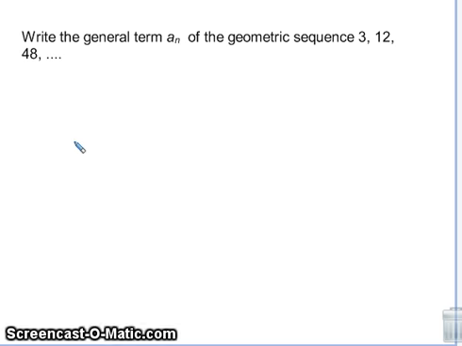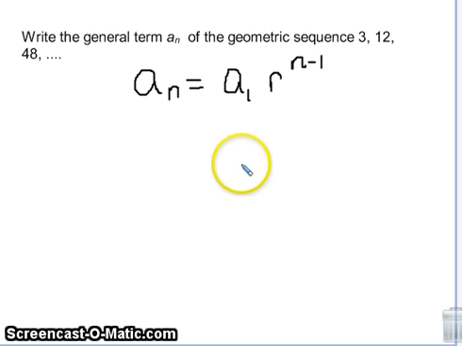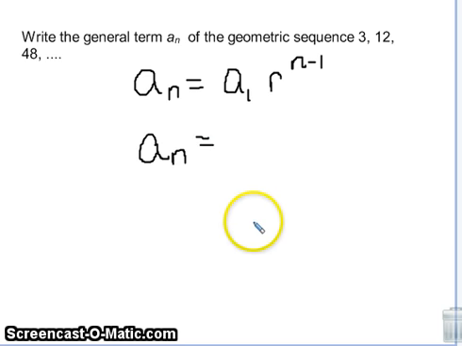Write the general term a sub n of the geometric sequence 3, 12, and 48. Well, the formula that you all were given, and it's right there on your sheet, is a sub n equals what? a sub 1 times r to the n minus 1. So my a sub n equals, what's my a sub 1? 3.